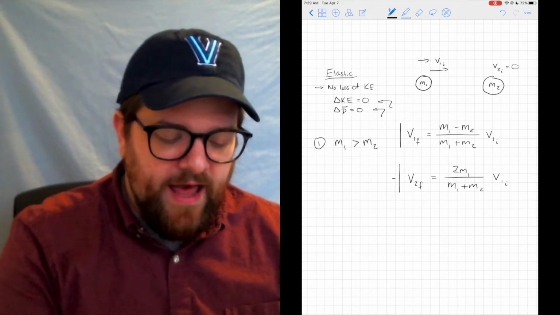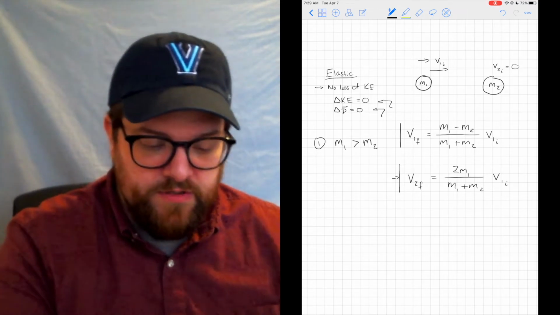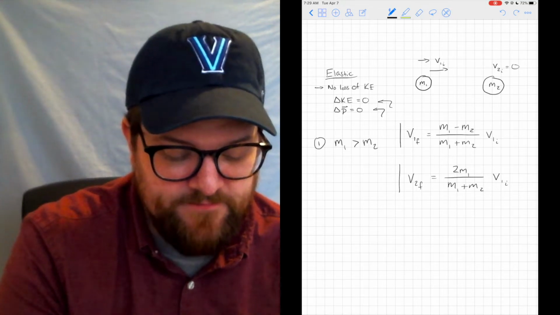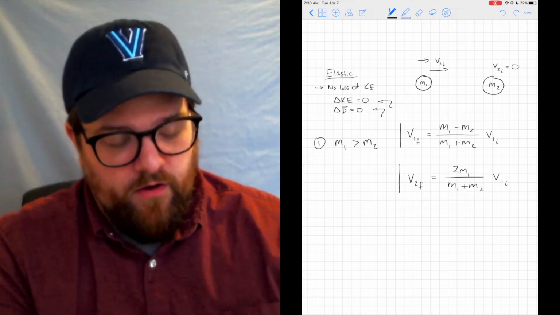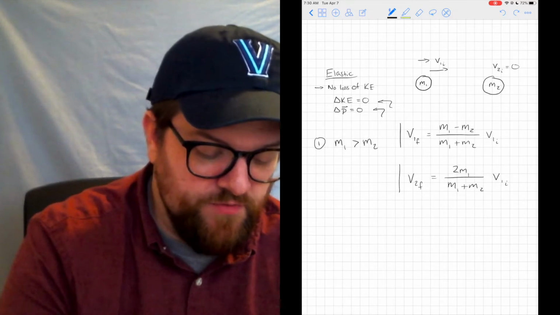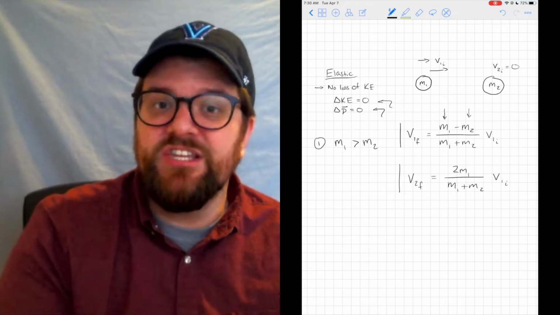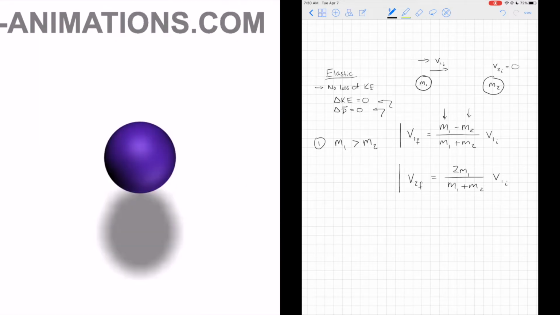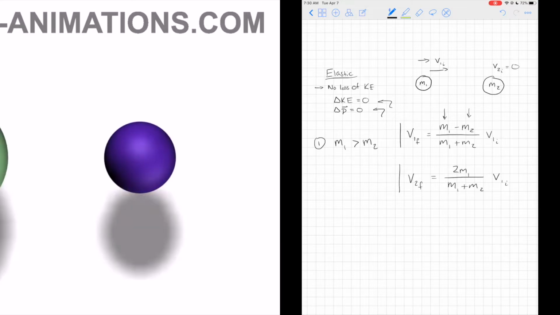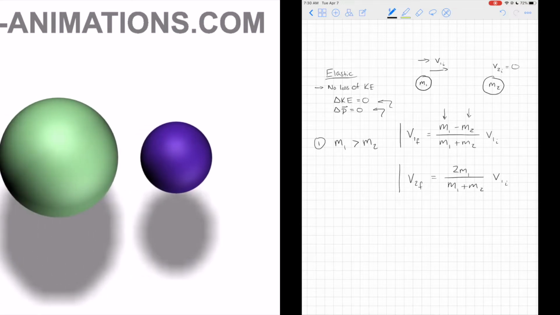If we look at our M2 expression, M2 will always move forward in the direction that M1 was coming in at. M1, though, has a couple different options. If M1 is greater than M2, it's going to continue in that direction, actually keep plowing through. M2 is going to move faster than M1, but M1 is still going to move in that direction.